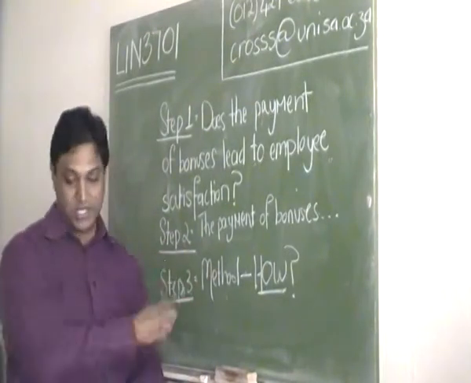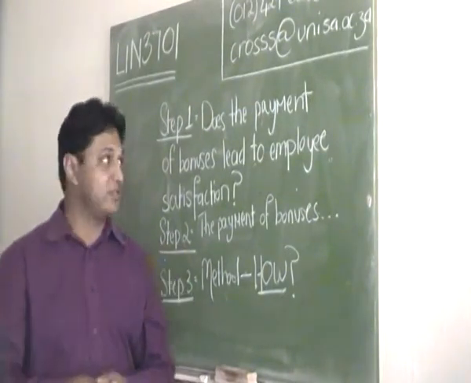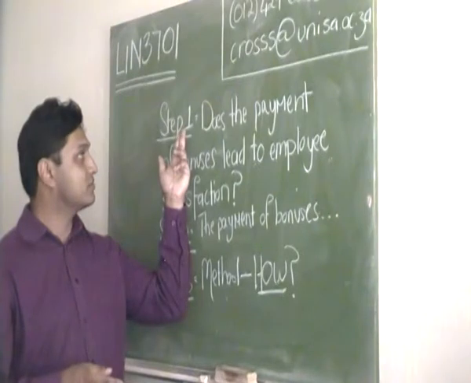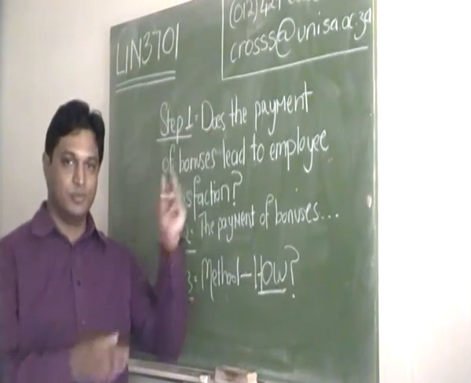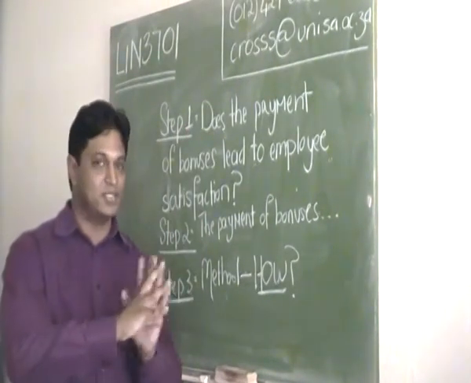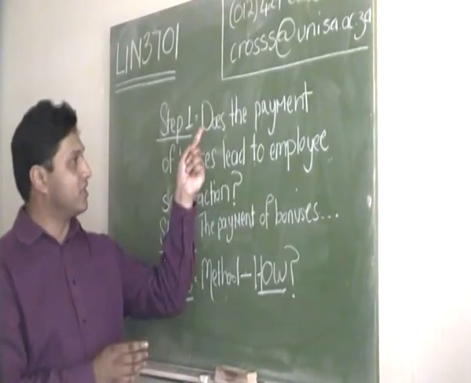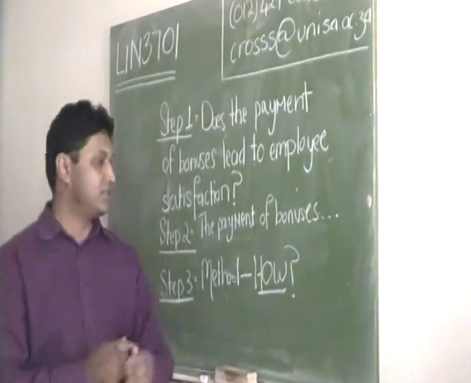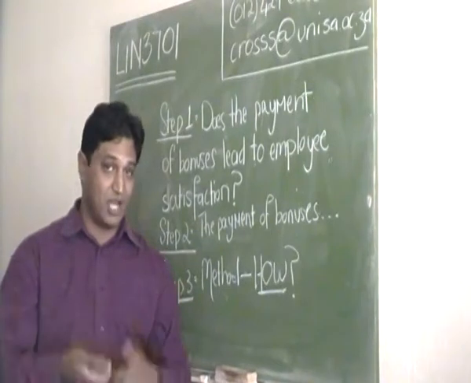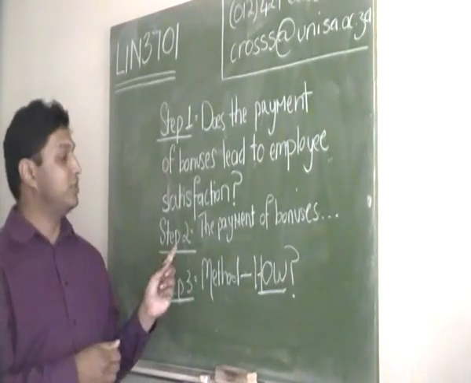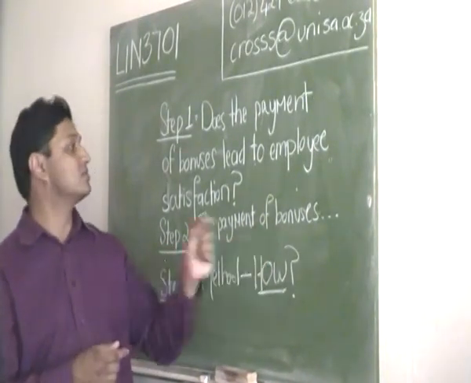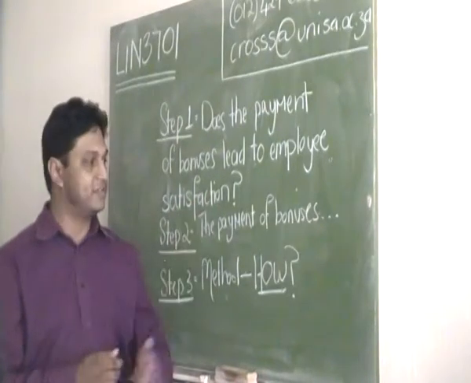Step 2, which is formulate a hypothesis, is nothing but your research question put into the form of a testable statement. So if we were to take this question and write it as a testable statement, how would we do that? Could be, the payment of bonuses leads to employee satisfaction.